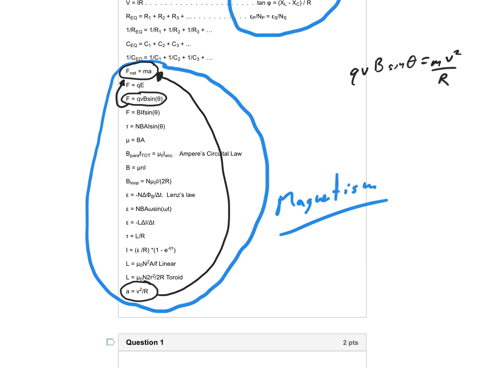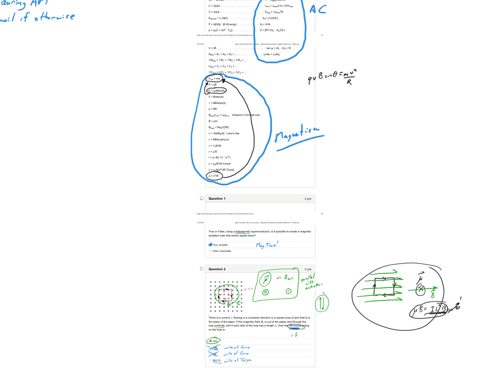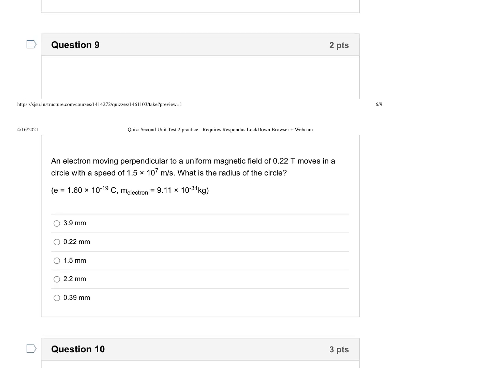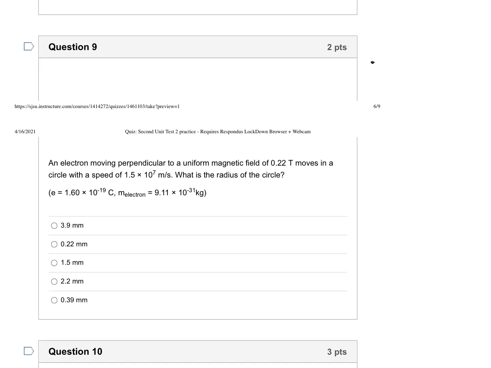I'm going to take that all the way down to the main part. qvB sine theta is equal to mv squared over r.